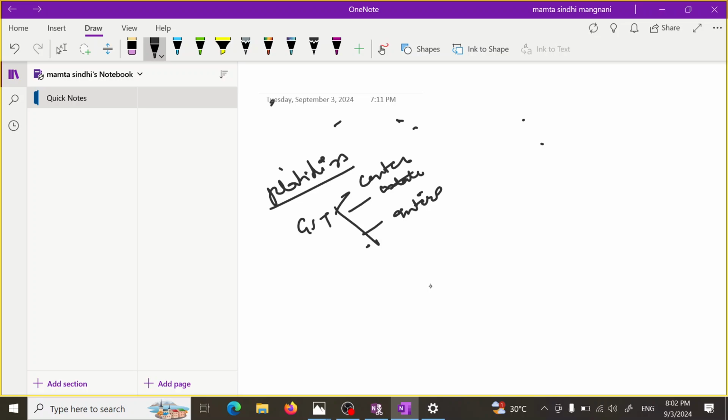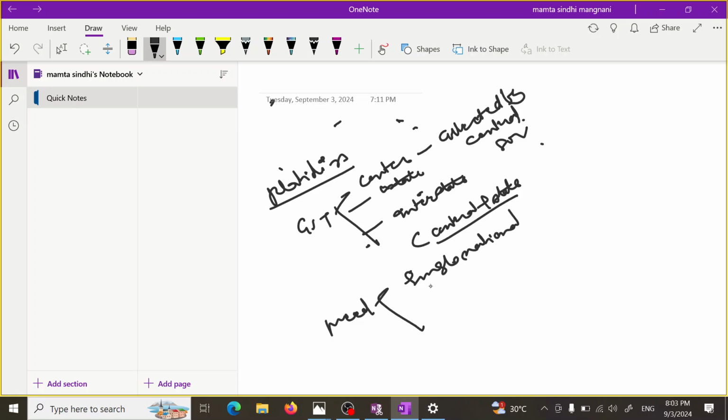Okay, now the need for GST: why do we need a GST system? First, we need a single national market. Second, taxation is very complicated. Then tax cascading is also a very big issue.